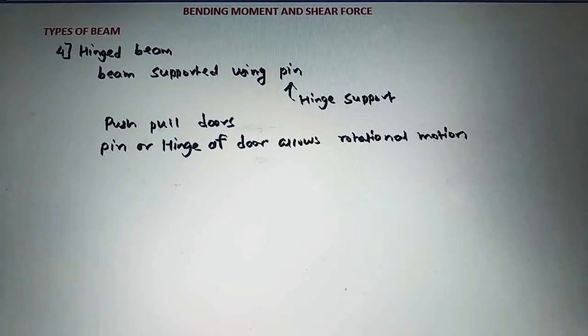Now see here, this is the beam. We are considering this end as A, and at end A there is a hinge support.